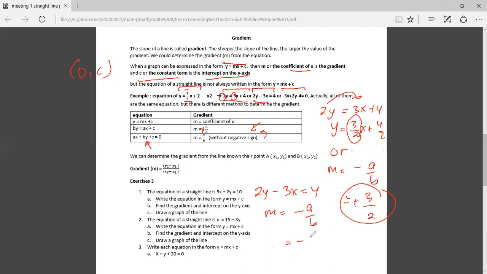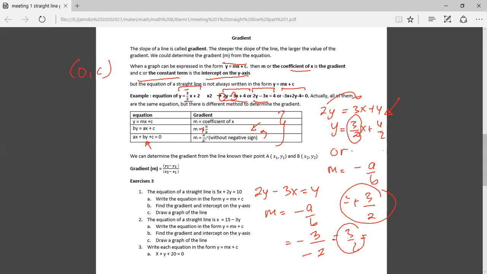So negative 3 per negative 2. So 3 per 2. So we find the gradient. So you can use this table or you can convert like this. It's up to you. Just be careful with the negative.